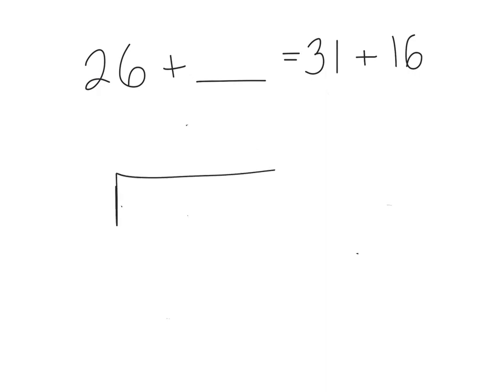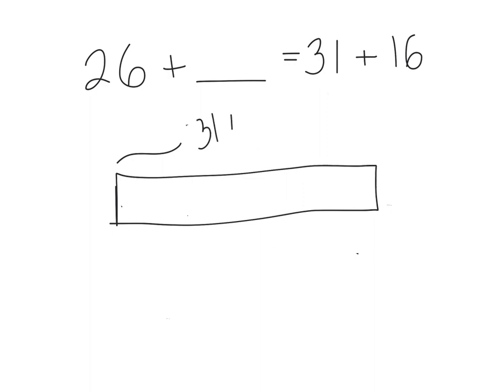That's right. And we know that we already got 26 of those gummy bears. So one of my parts is 26, but we're not sure of the other part to get to the total of 31 plus 16 gummy bears.